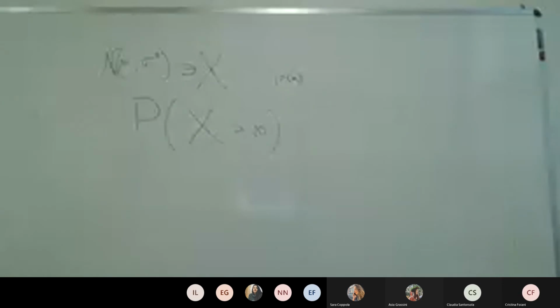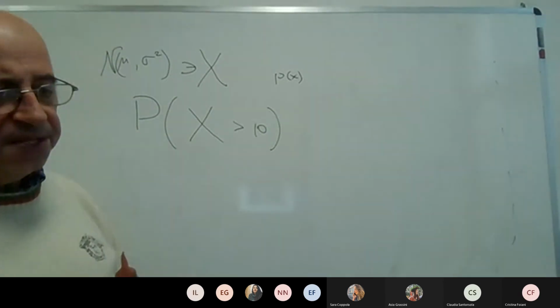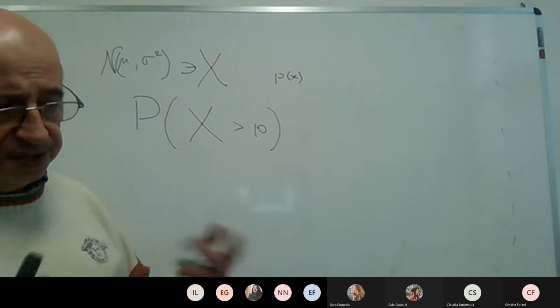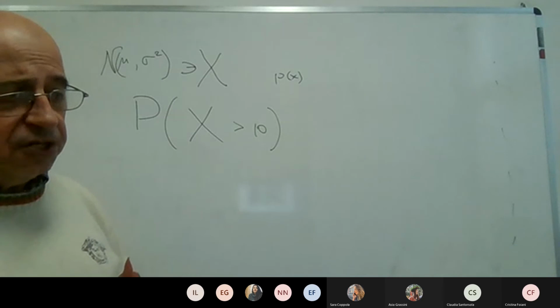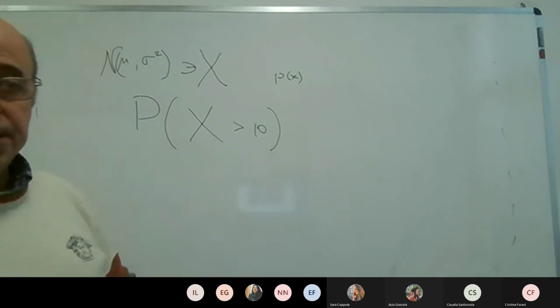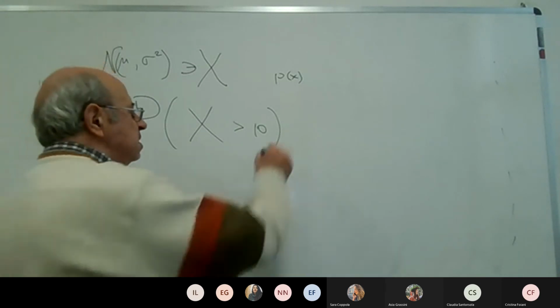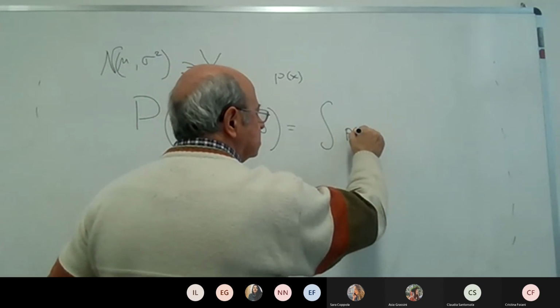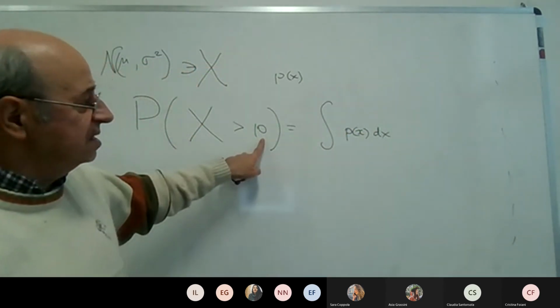For example, if we know the probability density of the distribution of virus, where X is the number of positive inhabitants of a fixed village, and we need to find the probability that X is bigger than 10, then simply we have to use this integral of the same p of small x dx, but with x bigger than 10.